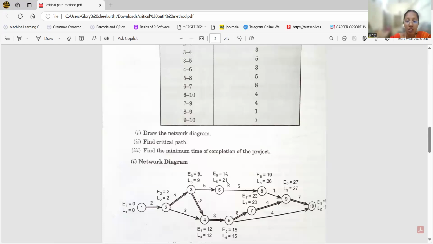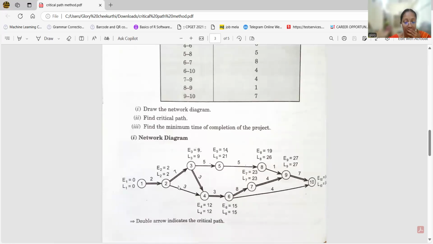That's why we do not follow E5 and L5. Next, E6 equal to 15 and L6 equal to 15. Next, E7 equal to 23, L7 equal to 23. L9 equal to 27, E9 equal to 27, E10 equal to 34, L10 equal to 34. This is taken as the critical path.